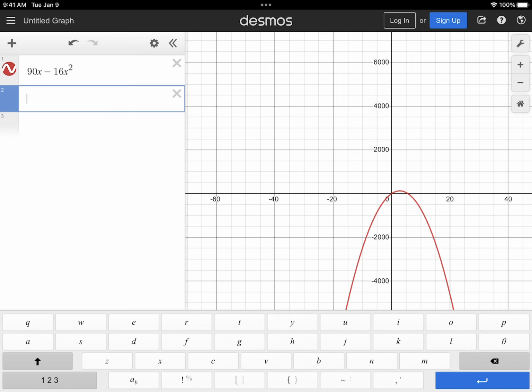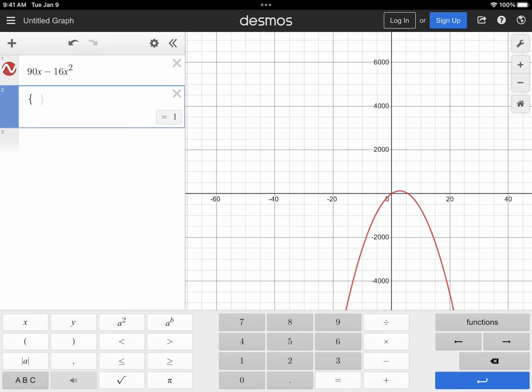I'm going to find my braces at the bottom of the keyboard like that. Then I'm going to put this sign, x. I'm going to smash it between 0 and 4. X is greater than or equal to 0, but at the same time, it's going to be less than or equal to 4, just so I can get the picture that I want.